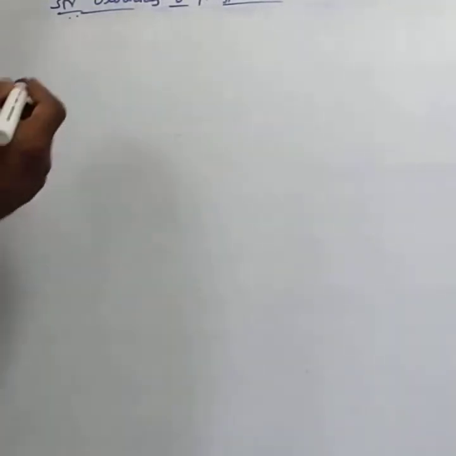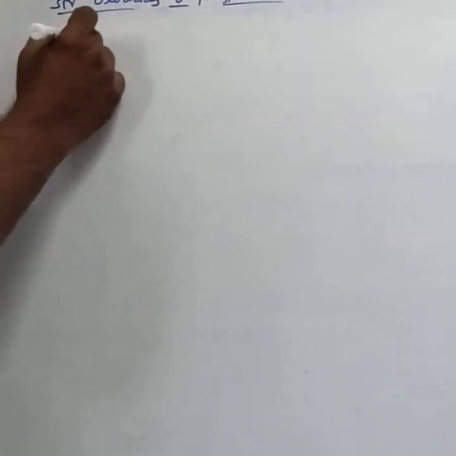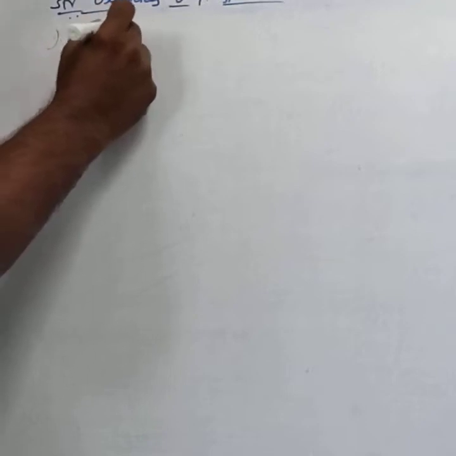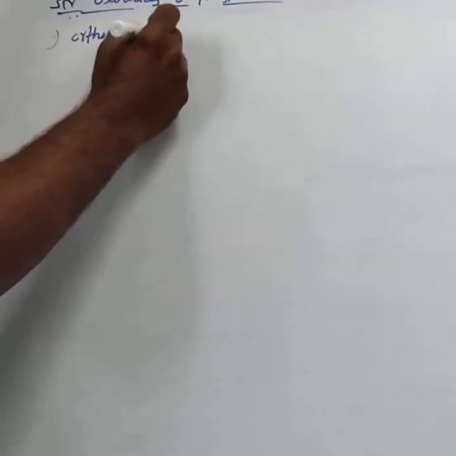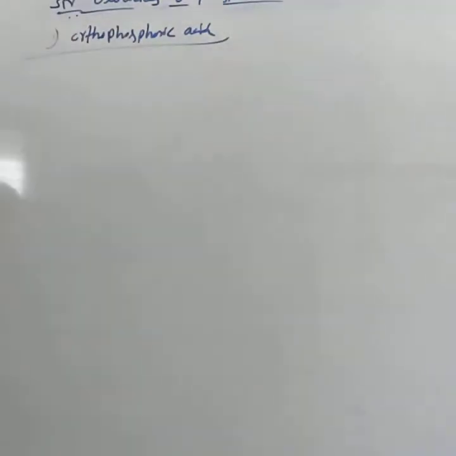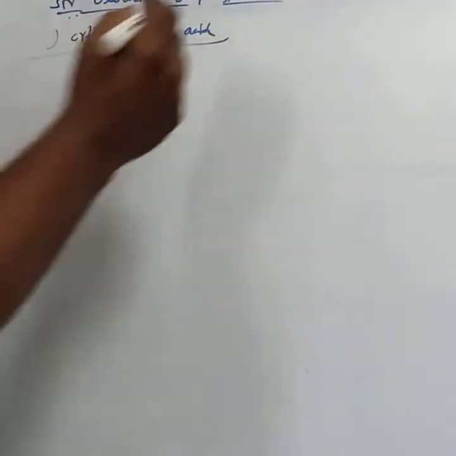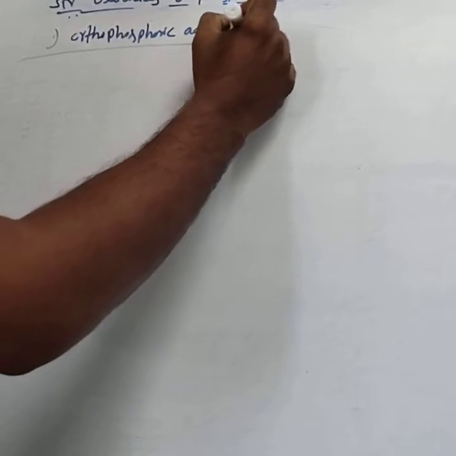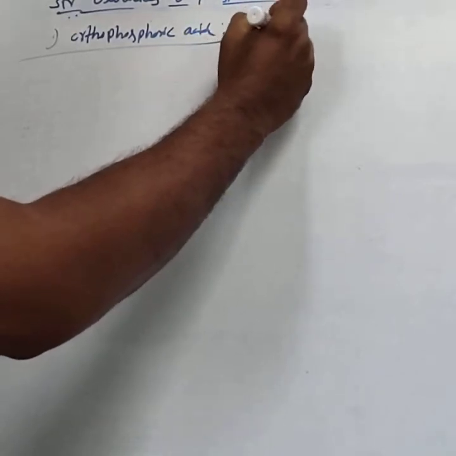Next is the structure of some oxoacids of phosphorus. In our syllabus there are only 3 examples, 3 oxoacids of phosphorus structures. First one is orthophosphoric acid. Orthophosphoric acid formula is H3PO4.